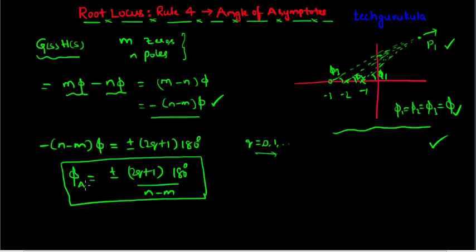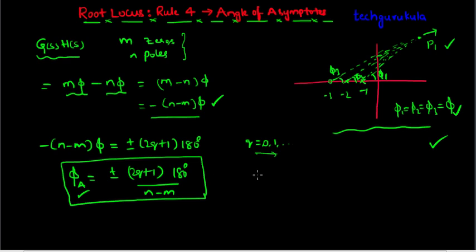This is the angle of asymptotes, or you can have any other name which suits you. We have seen that n minus m branches are going to tend to infinity. In that case, the number of angles of asymptotes we are supposed to get will be equal to n minus m.